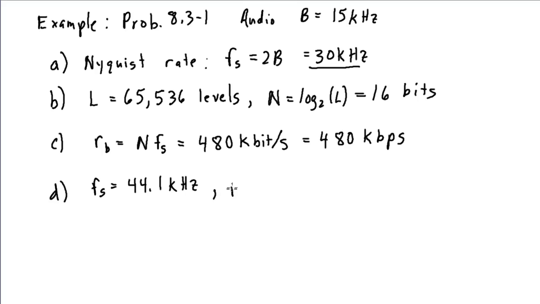The corresponding binary rate is still N times fs, and so at this higher sampling rate we get then that CD audio has to be recorded at 705.6 kilobits per second. Actually, with CD audio, it's recorded in stereo, so we'd need to double this number again to get the actual rate at which data is recorded in CD audio.